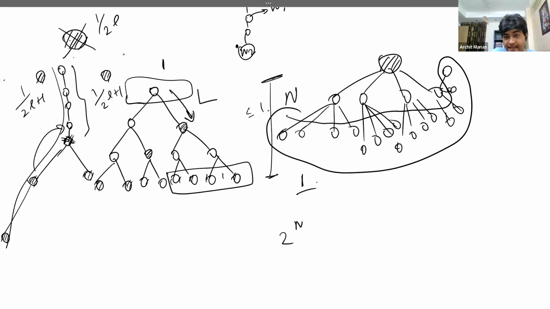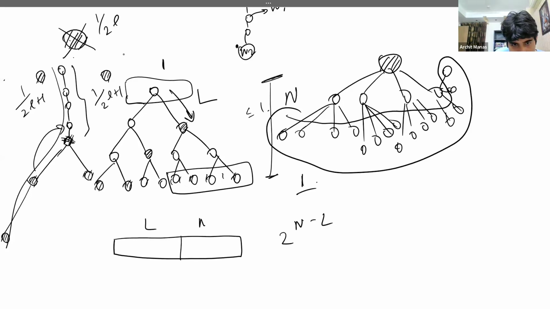It'll actually be 2 to the n minus L, because all you're essentially doing is you have fixed the first L characters. So you have this string of length n. This is fixed because that's exactly this vertex. And these are allowed to vary, right? That's what it means.